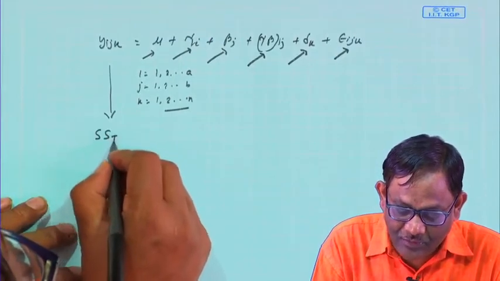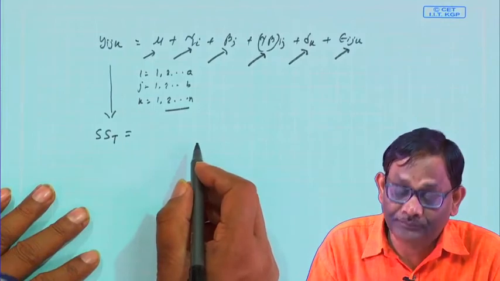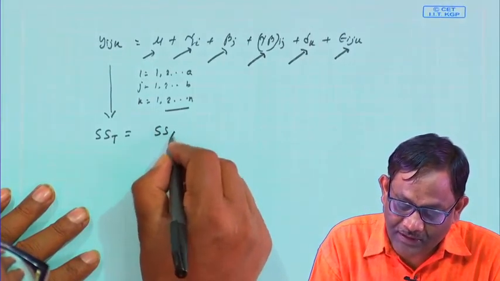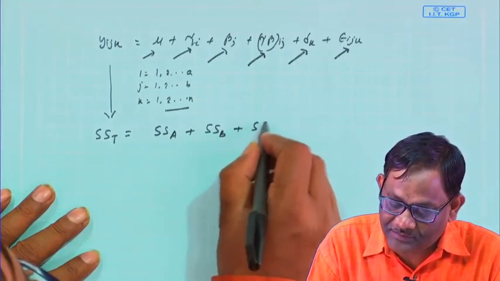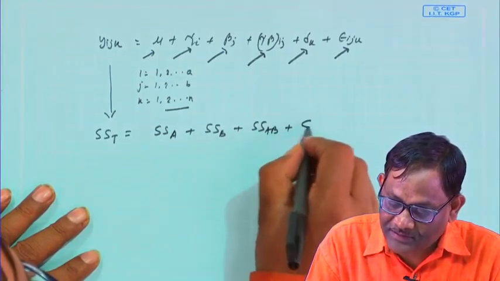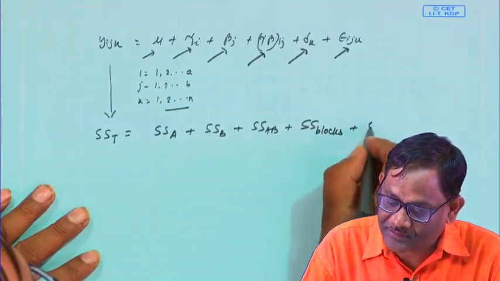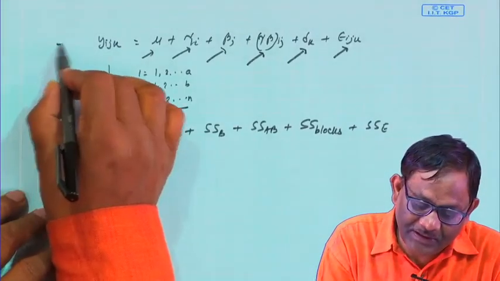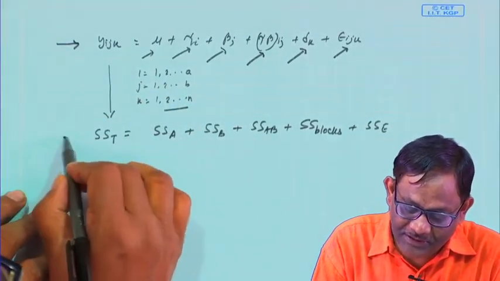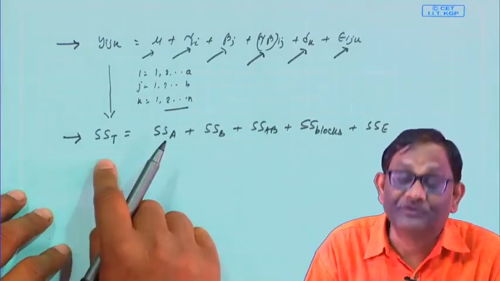So, the sum of squares total will be SS A plus SS B plus SS AB plus SS blocks plus SS error. This is basically partitioning the sum of squares total.